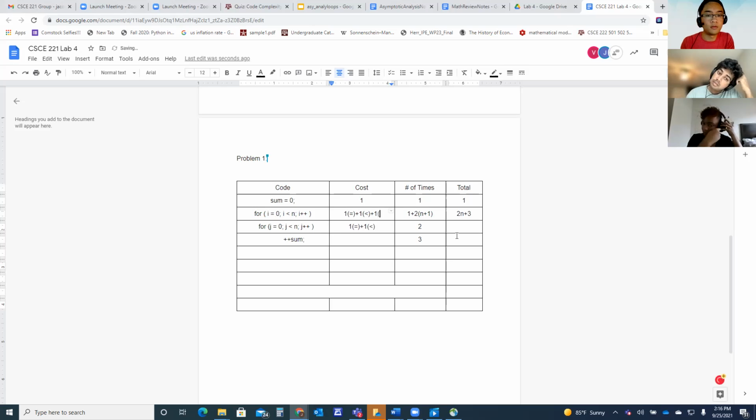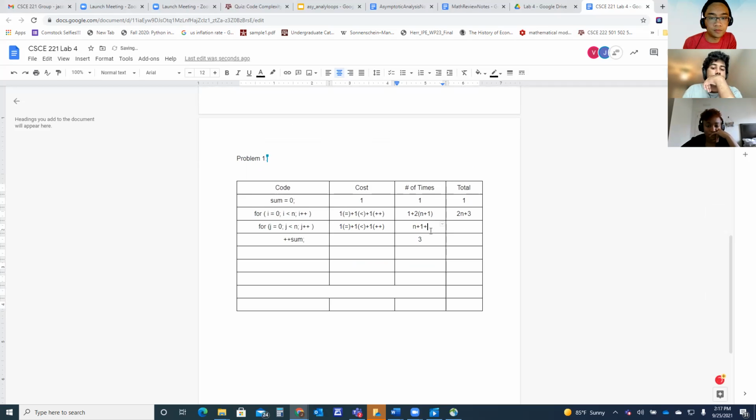And then the number of times, that's going to be called n times on the left. Or is it n plus 1? I guess we can worry about that later. But it is n plus 1, I think.